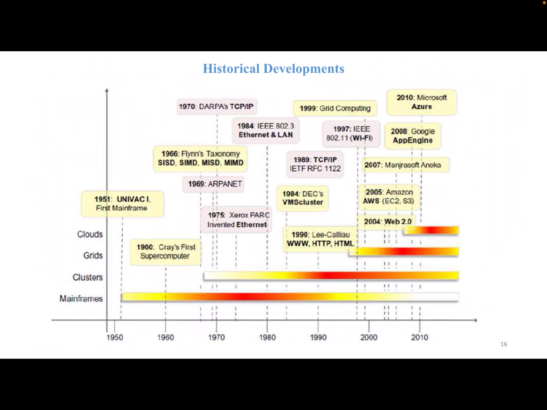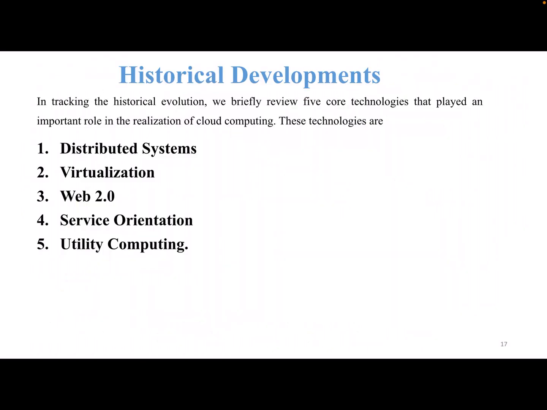So yes, we'll see the historical developments.